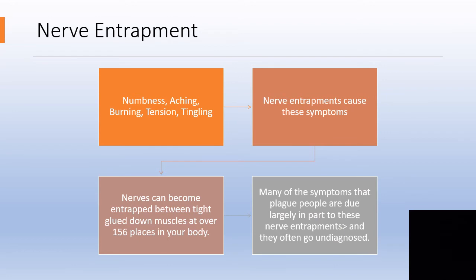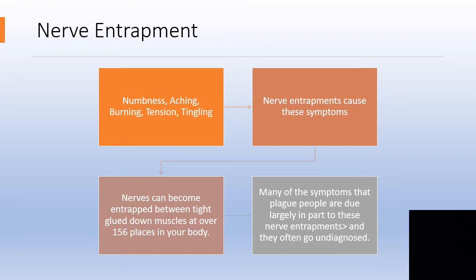Nerve entrapment is a really big issue we see with muscle and joint pain syndromes. These repetitive motions, oftentimes, I would say more than 80% of the time, result in some form of nerve entrapment. And the resulting symptoms can be numbness, aching, burning, tension, tingling.